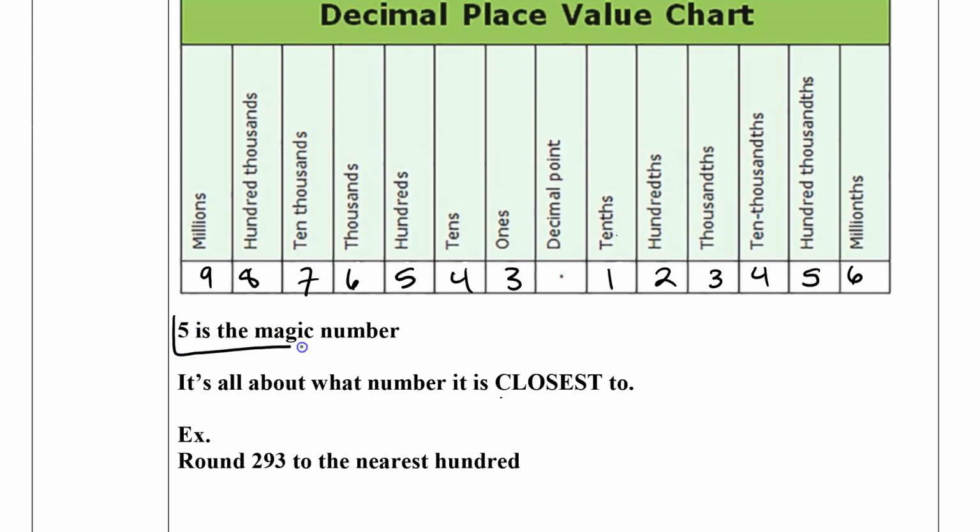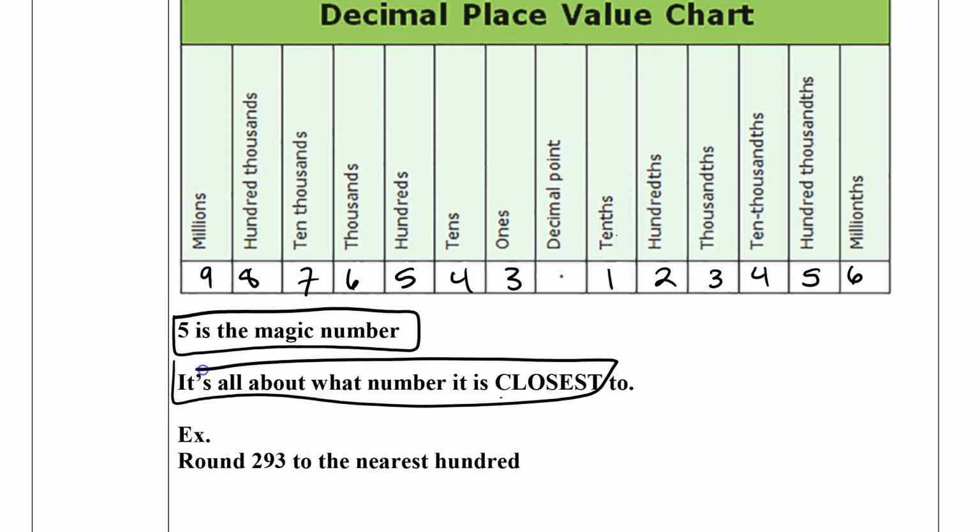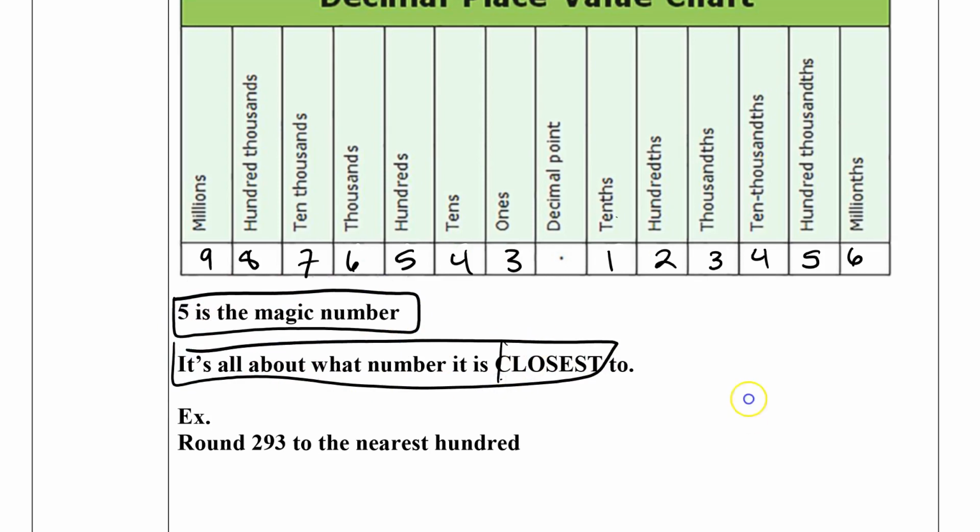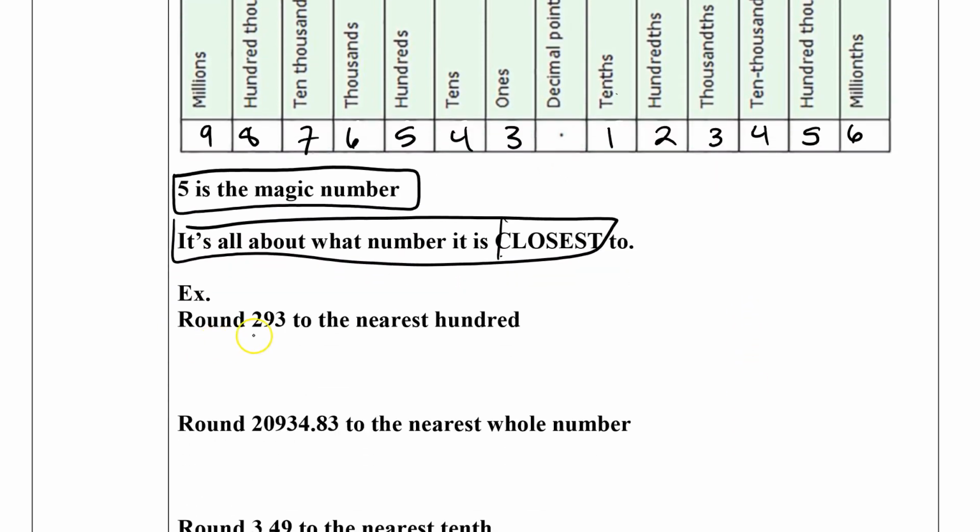So remember, 5 is the magic number, and it's all about what number it's closest to. So for example, round 293 to the nearest hundred. Now we have two options. We have 200 or we have 300. What I mean is, is 293 closer to 200 or is it closer to 300?